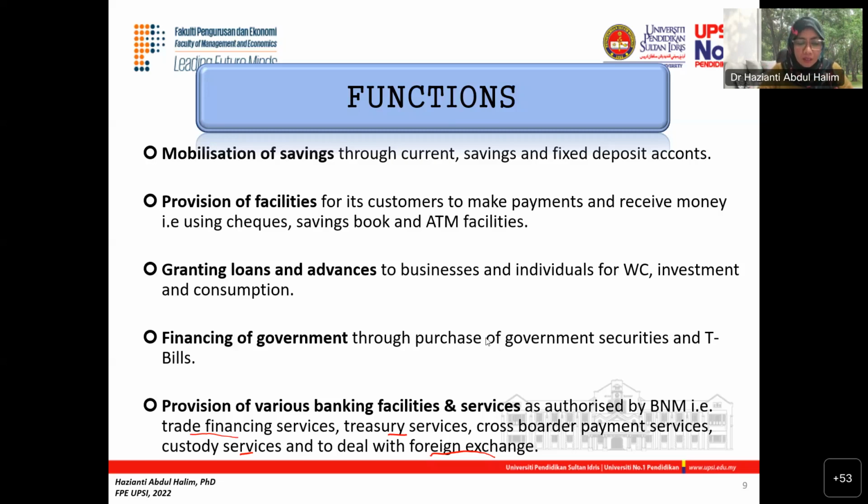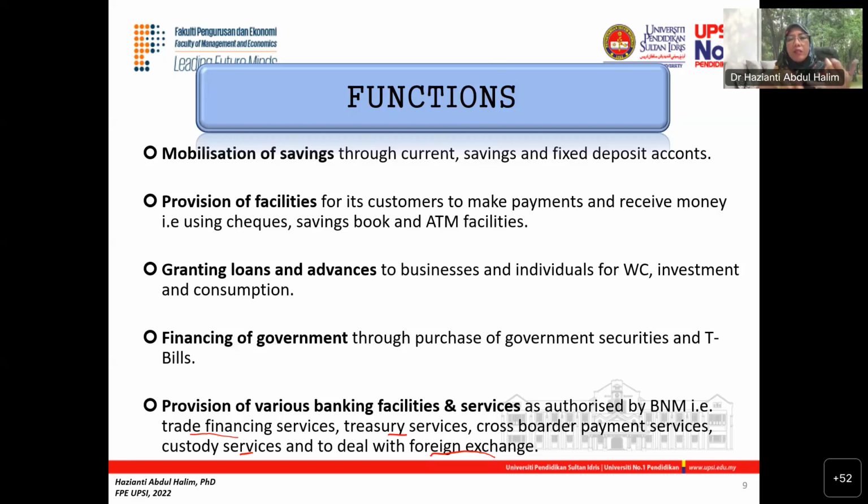Granting loans and advances to business and also individuals for working capital, WC, investment as well as consumption. So all types of loans. According to your assignment, the bank of your choice, whichever bank has been assigned, you can see from the bank products or services that they provide all kinds of savings.